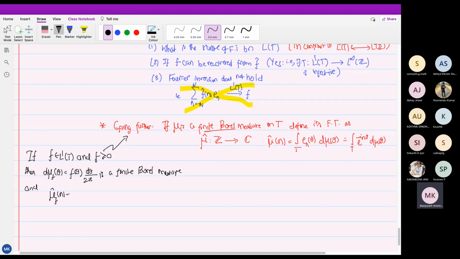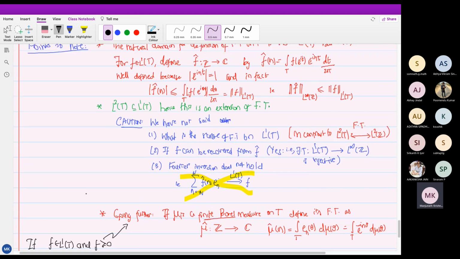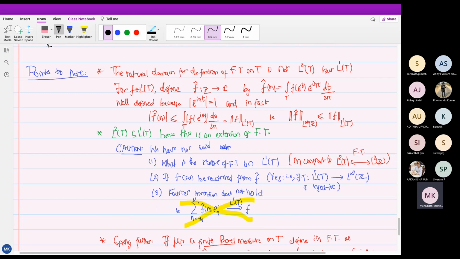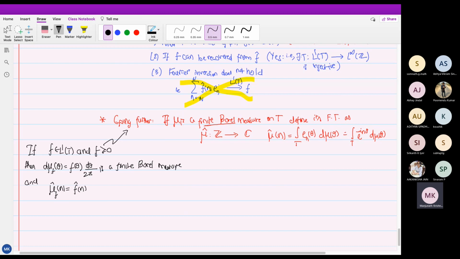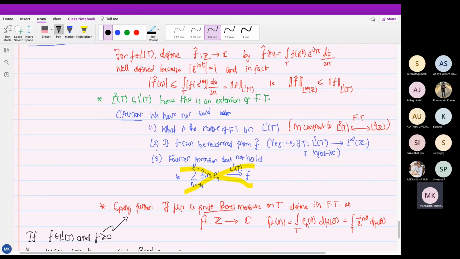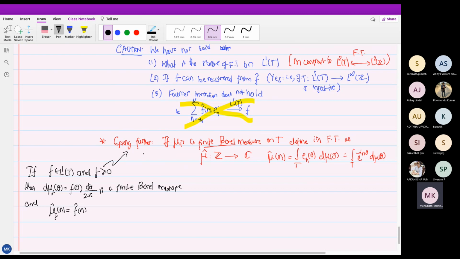Mu hat of n is the same as what I had defined as f hat of n. For L1 functions, we defined f hat by integrating f of e to the i theta times e to the minus i n theta, d theta over 2 pi. For measures, we defined it here. But if f is the density of the measure mu, they are the same, right? Because what is d mu of theta? It is f of theta d theta over 2 pi. So if you put it in, you see that they are the same. So in that sense, this is an extension.